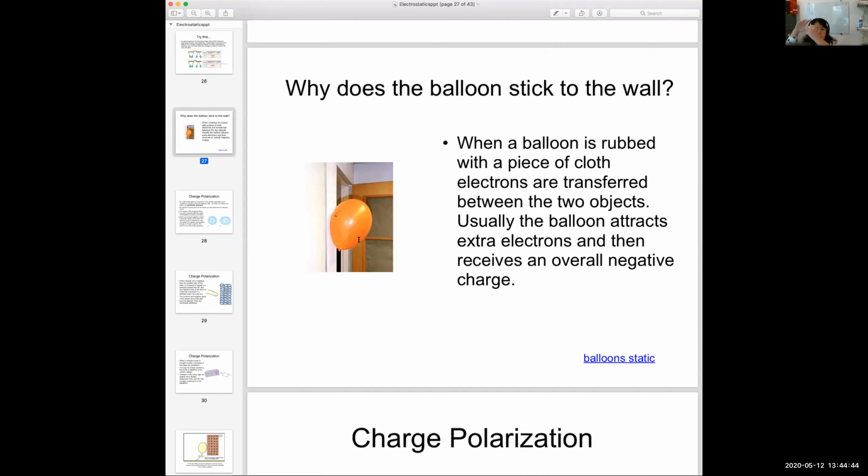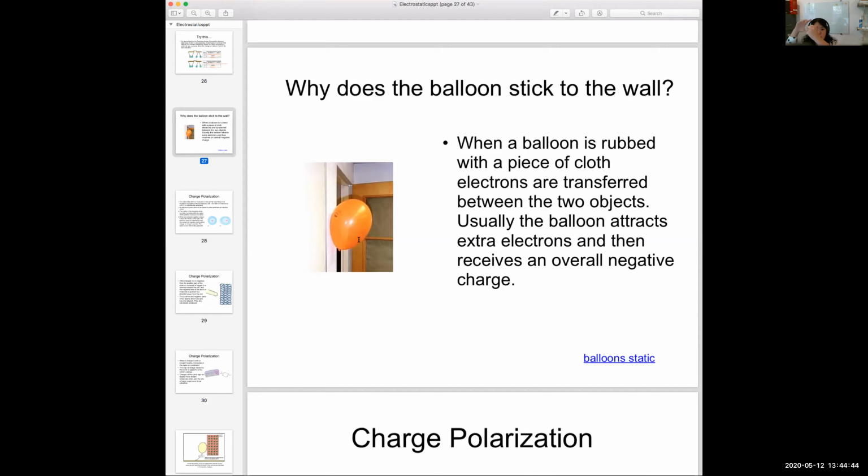So what happens if I bring a charged object nearby? Let's say this atom, before the charged object comes, has a perfectly spherical shape. You have a nucleus in the center with positive protons in it, and the electron cloud makes a nice spherical shape.